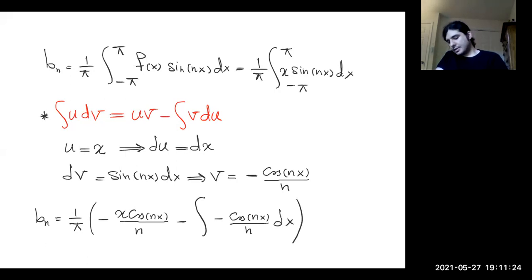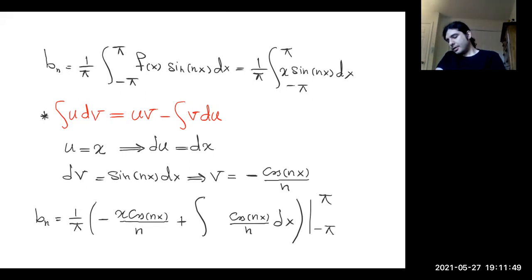This minus sign here and this minus sign there cancel each other. So I would simply write plus this integral. And we should do this integration from minus pi to pi.